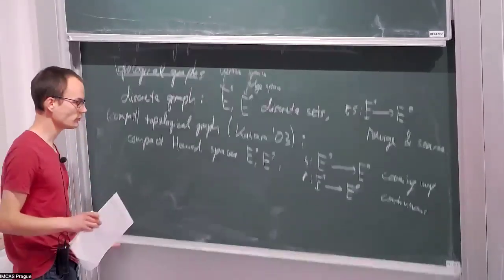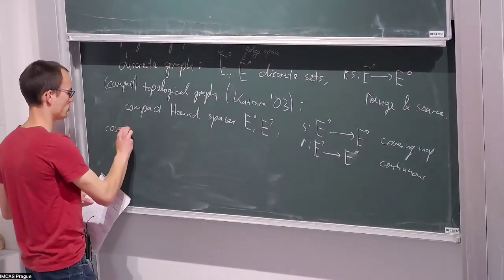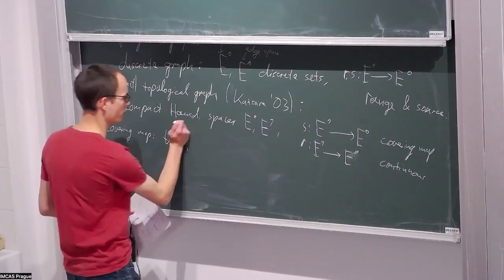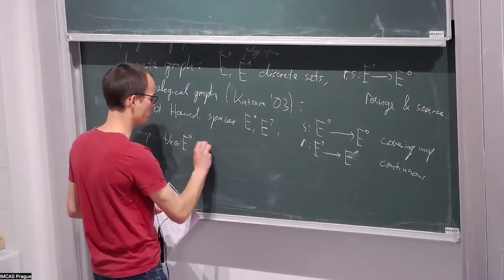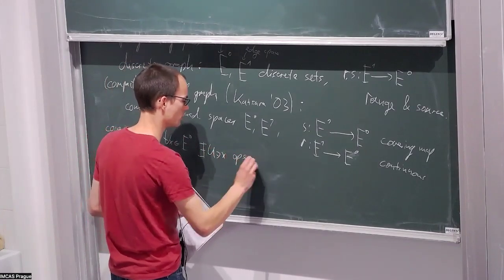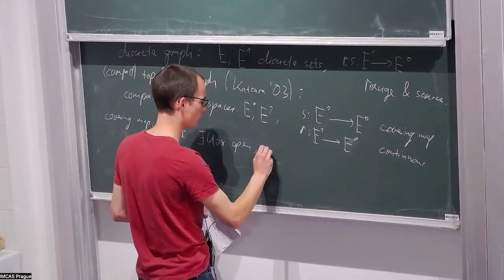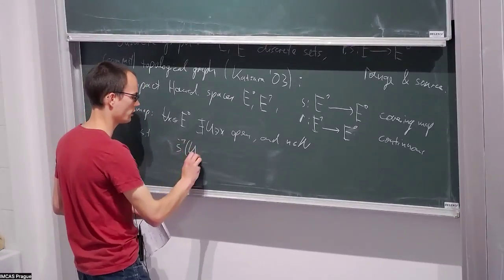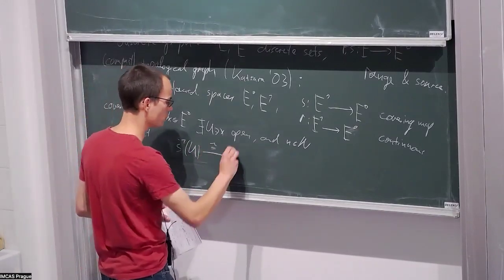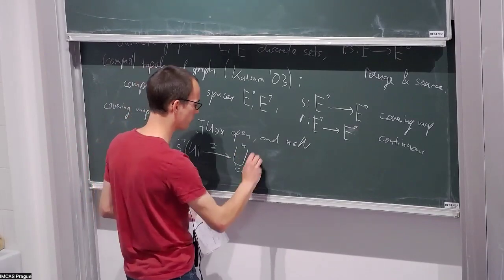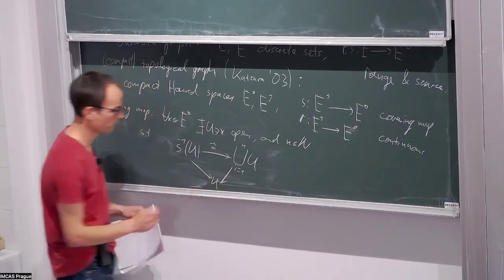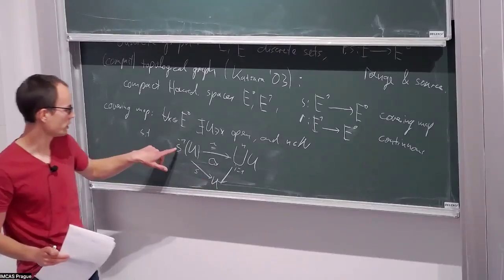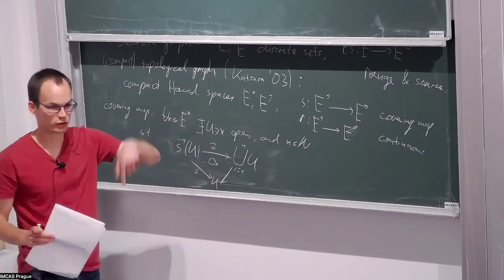Right, so covering map means that each point in this case in E0 has an open neighborhood U, and also there exists some natural number n such that S inverse of U is homeomorphic to the disjoint union of n copies of U in such a way that this diagram commutes. So you want this to preserve the base space. Okay, so here the map is S, and here the map is the sort of obvious projection down onto U.